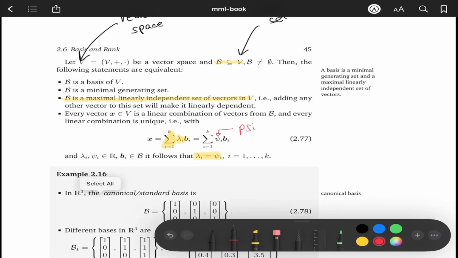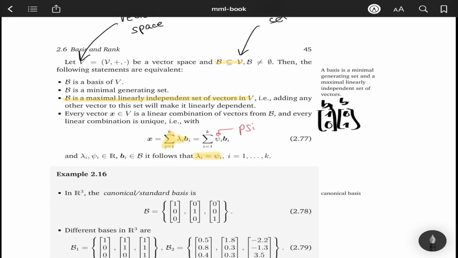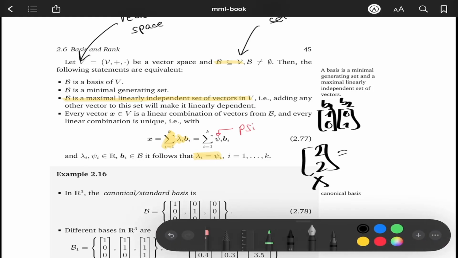Let's try to use a minimal example. You have basis vectors 1, 0 and 0, 1, yeah? B1 and B2. So let's say we want to have the vector 2, 2. That is our x. Now we can construct it by saying, maybe let's say not 2, 2, but 2 and 3.